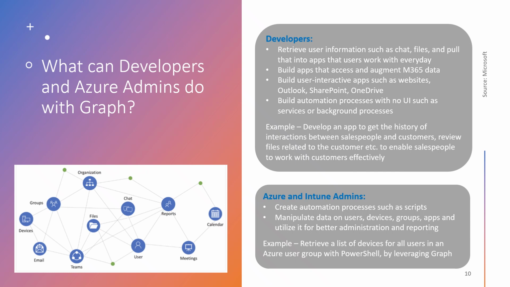Other examples of apps that developers use Graph with are automation processes with no UI, such as services or background processes. A real-world example of putting Graph to use in a development scenario would be developing an app that can get the history of interactions between salespeople and customers, review files related to the customer, and do much more to enable salespeople to work with customers more effectively.